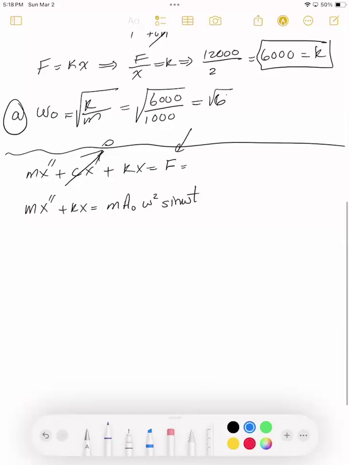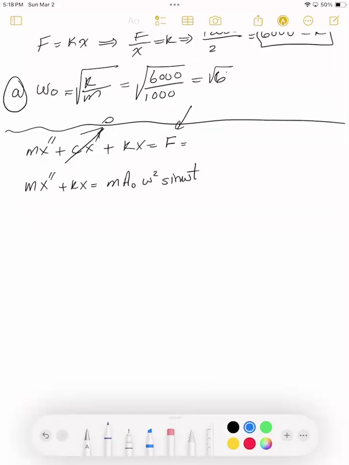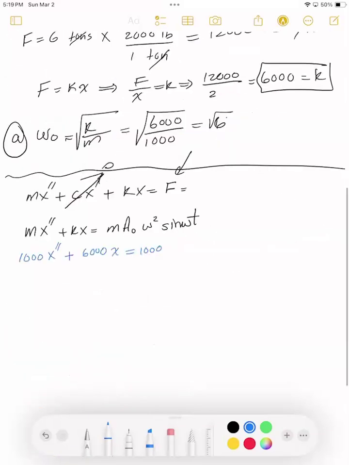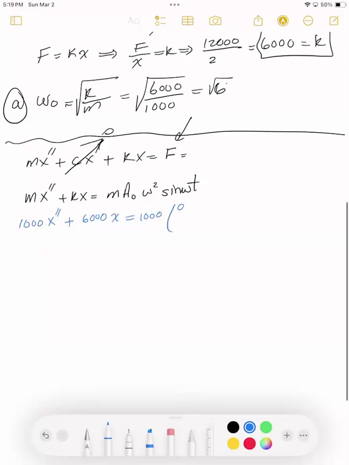Let's go back to the formula. M is 1,000, X double prime, plus K is 6,000, X, equals M is 1,000, A naught is given to us as 9 inch. We have to convert. So watch out, this conversion is always very tricky.